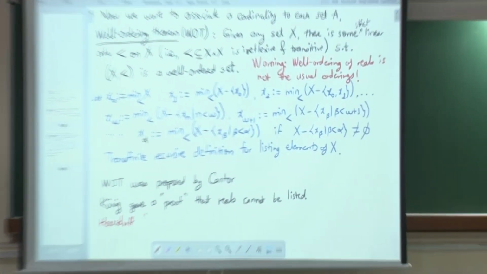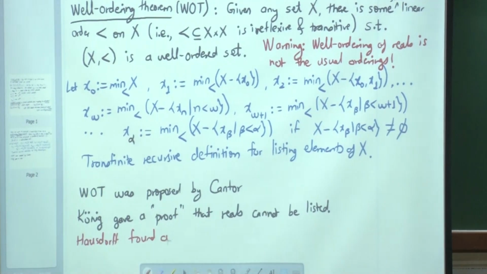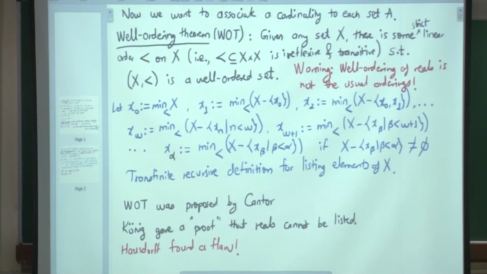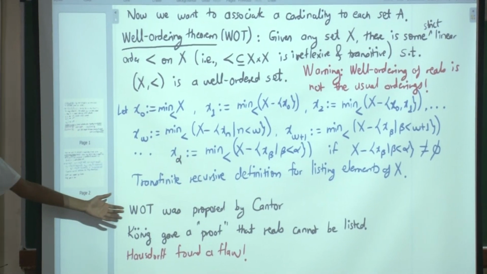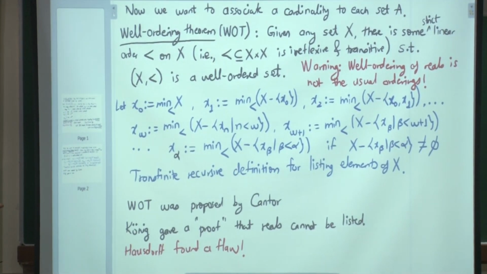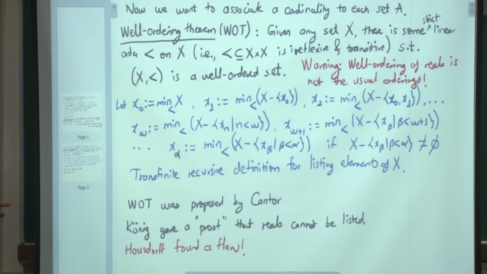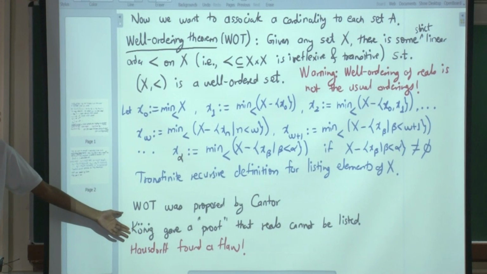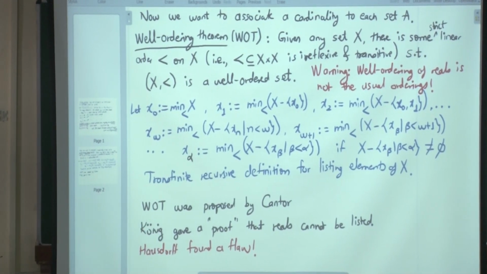Hausdorff found a flaw. So therefore, well, the question was still open. People did not want to believe that reals can be well ordered, but the so-called proof that it cannot be done was wrong.